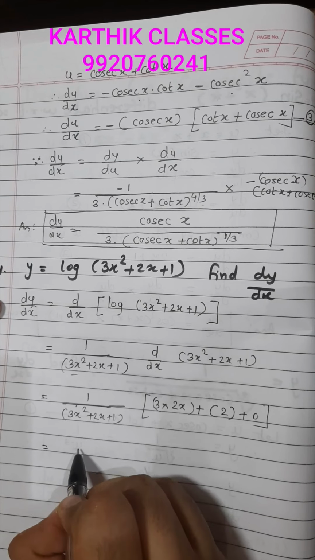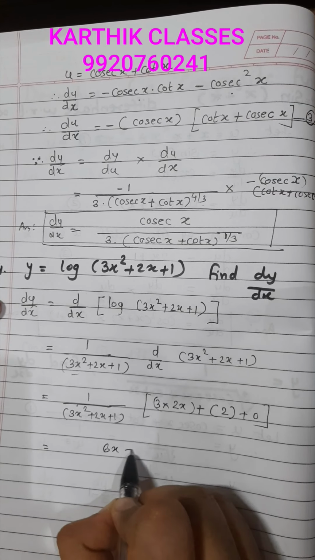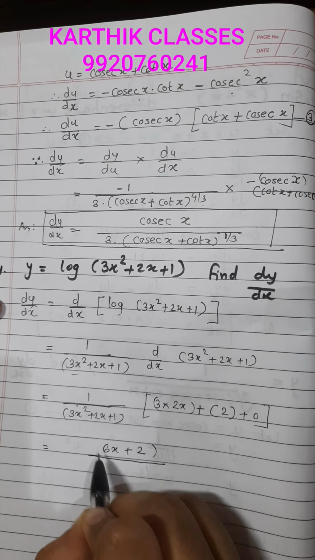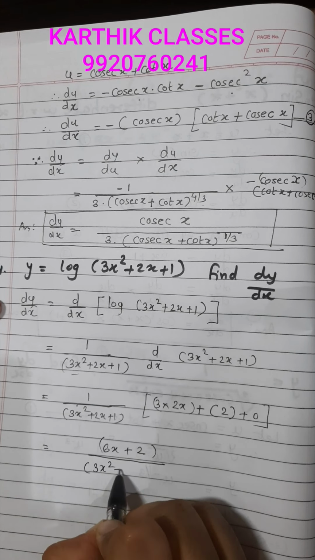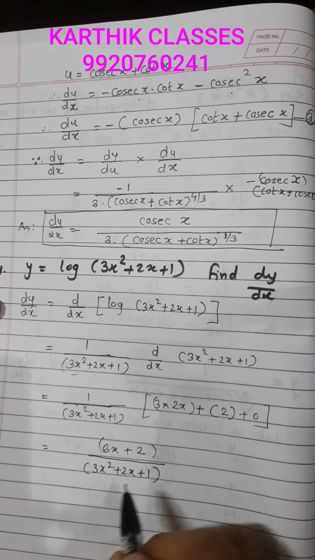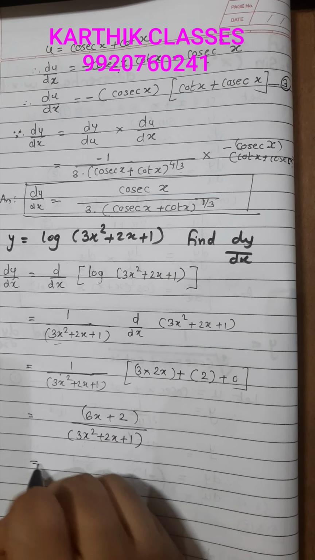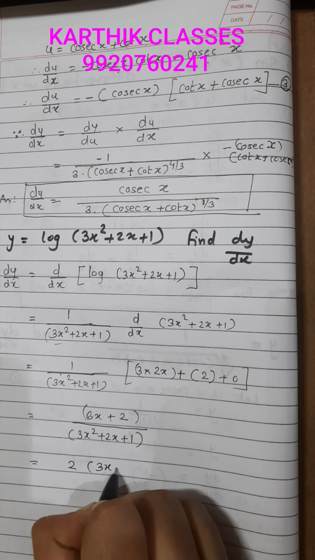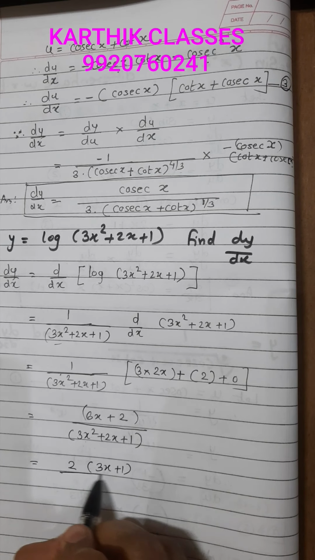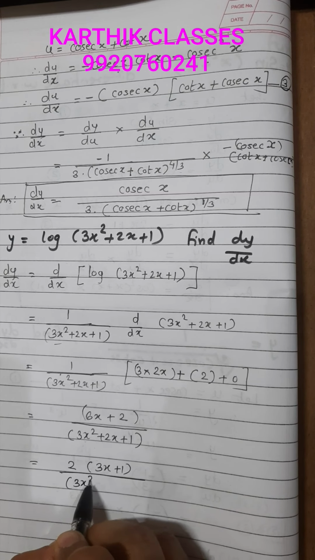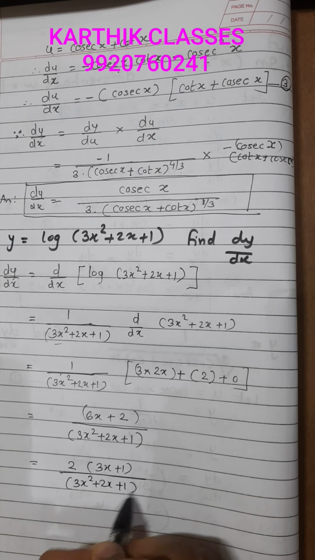So we will be getting 6x plus 2 upon 3x square plus 2x plus 1, and this is going to be our final answer. If you want, you can take 2 out from here. So 2 into 3x plus 1 upon 3x square plus 2x plus 1.